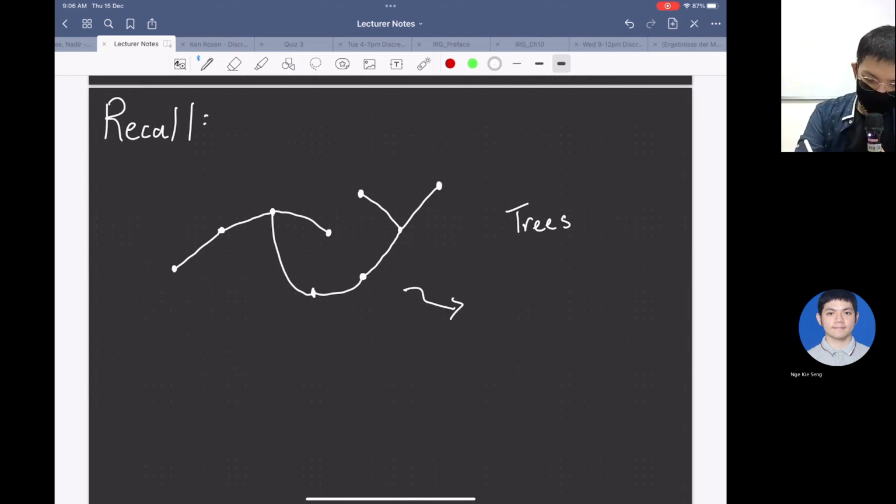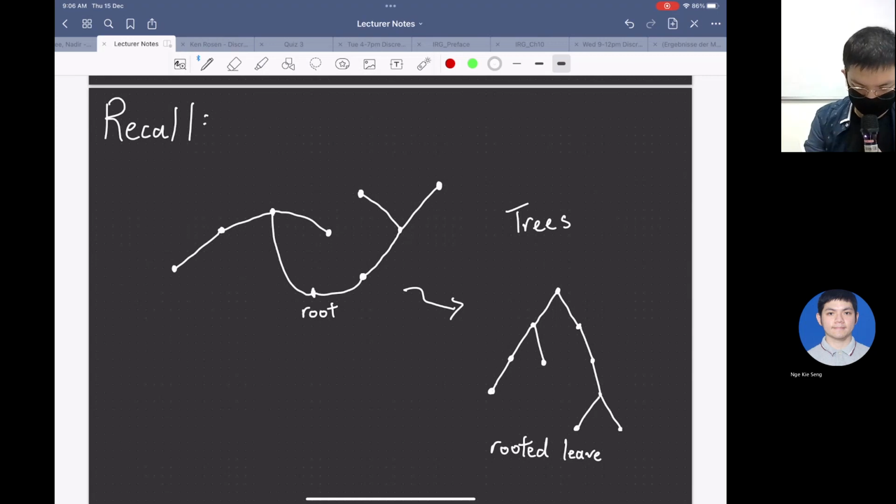And then we randomly pick one vertex. For example, let's pick this as a root. Then we form a rooted tree such that all the other vertexes are directed away from the root.